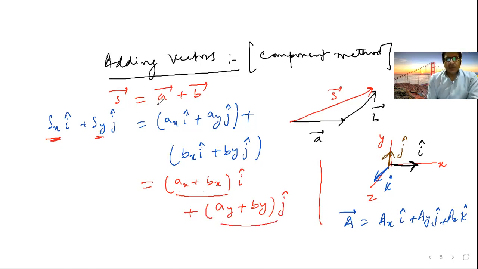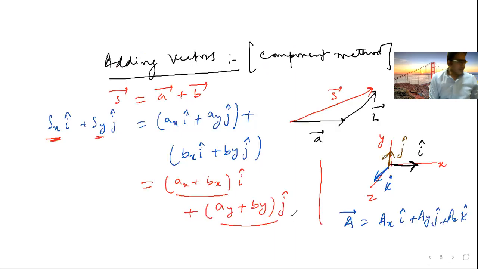That means this vector is equal to the sum of these vectors, which means that this sx must be equal to ax plus bx and this sy must be equal to ay plus by. So sx is ax plus bx and sy is ay plus by. Got it?